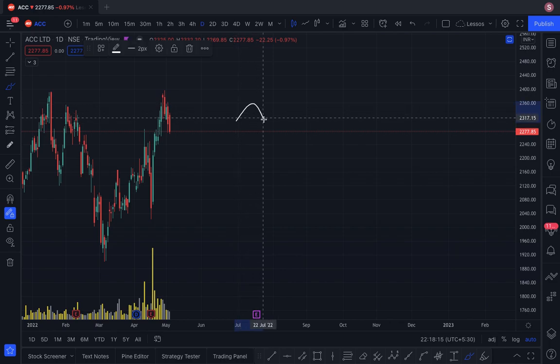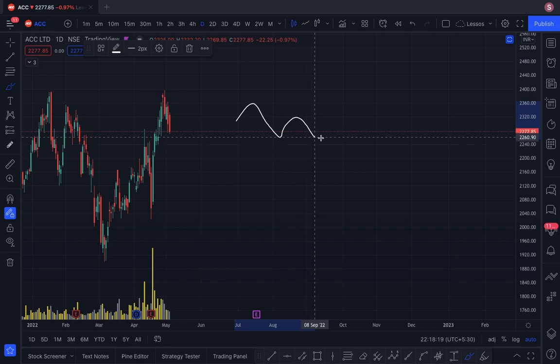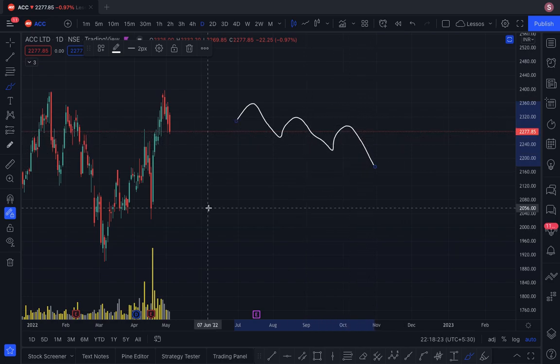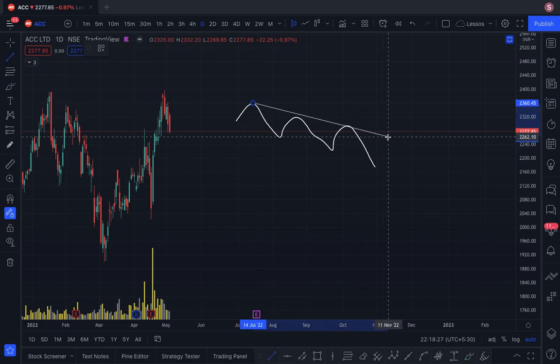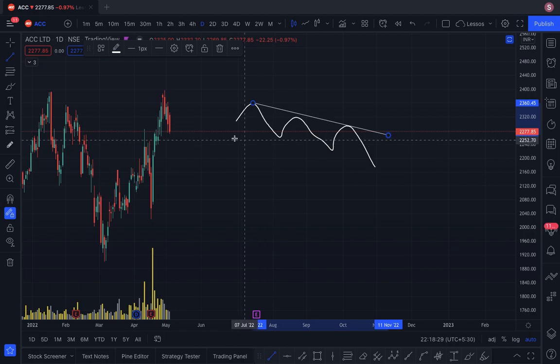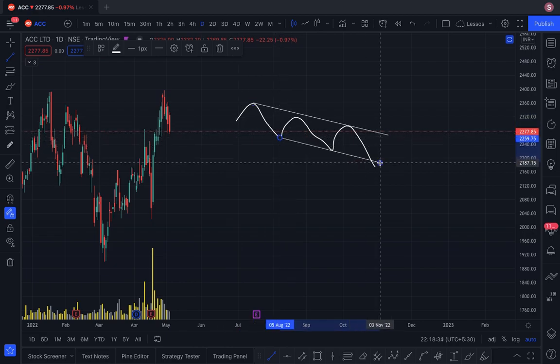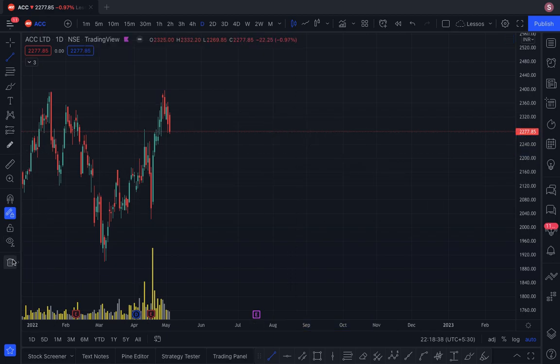So for example, here it will make a lower high and a lower low, a lower high and a lower low. It means the stock is in a downtrend. So when I connect the higher points or the lower points, you'll see a falling slope of the trend line. All right. So I hope you all know this already.